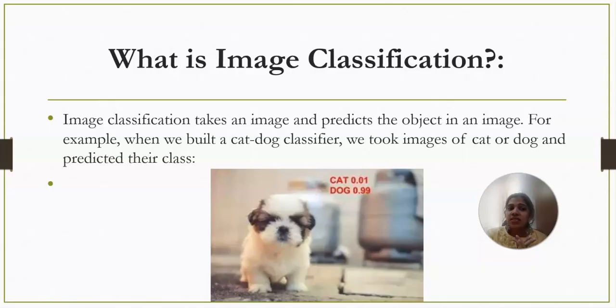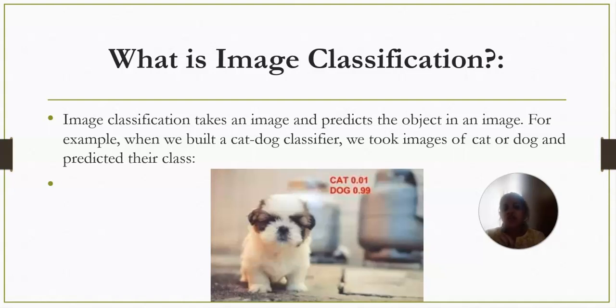So what is image classification? Image classification will take an image and it will only predict the object. Which is that object in the image? For example, here we have an image. In that image we have a dog, right? It is a dog or cat. It's a dog, I think.